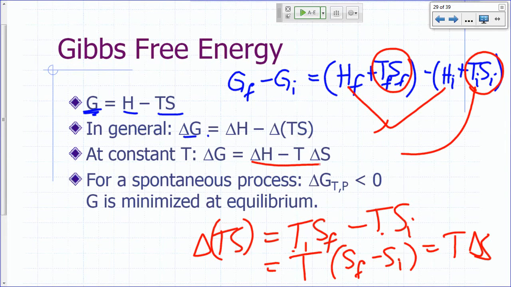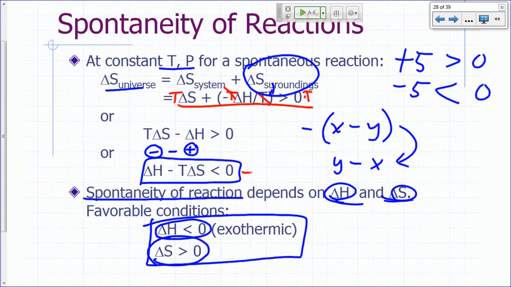We've seen this expression earlier. What is delta H minus T delta S? We've seen that earlier as our condition for spontaneity. For a spontaneous process at constant temperature and pressure, delta H minus T delta S must be negative. That means delta H minus T delta S, that's delta G, right?